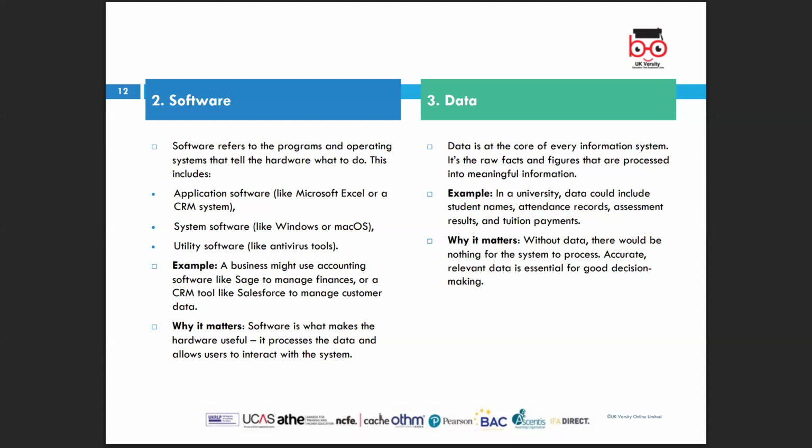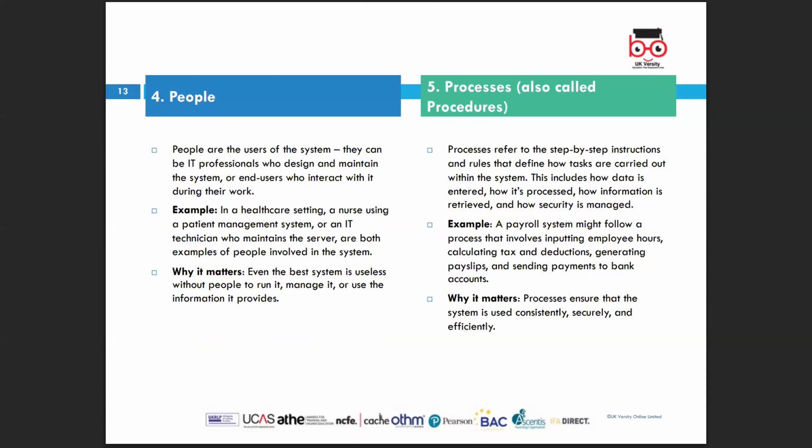Accurate, relevant data is essential for good decision making. Then we have the people. People are the users of the system. They can be IT professionals who design and maintain the system, or users who interact with it during their work. In a healthcare setting, a nurse using a patient management system, or an IT technician who maintains the server, are both examples of people involved in the system.